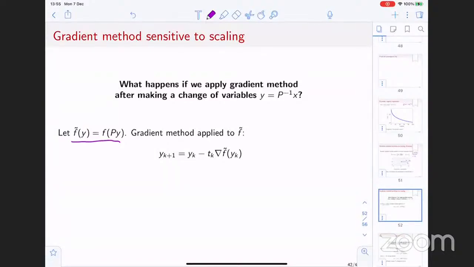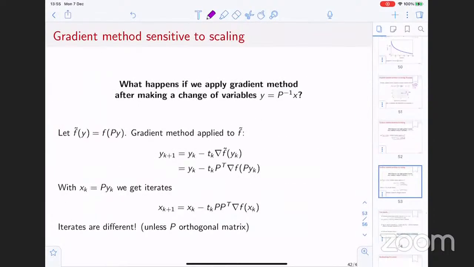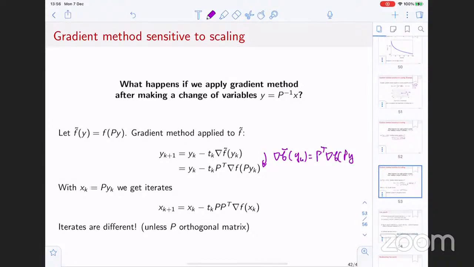If you apply the gradient method to f tilde, these are the iterates that you get: y_{k+1} is equal to y_k minus t_k times the gradient of f tilde at y_k. Because, by the chain rule, the gradient of f tilde at y_k is P transpose times the gradient of f at P y_k, the iterates are y_{k+1} equals y_k minus t_k P transpose gradient of f at P y_k.